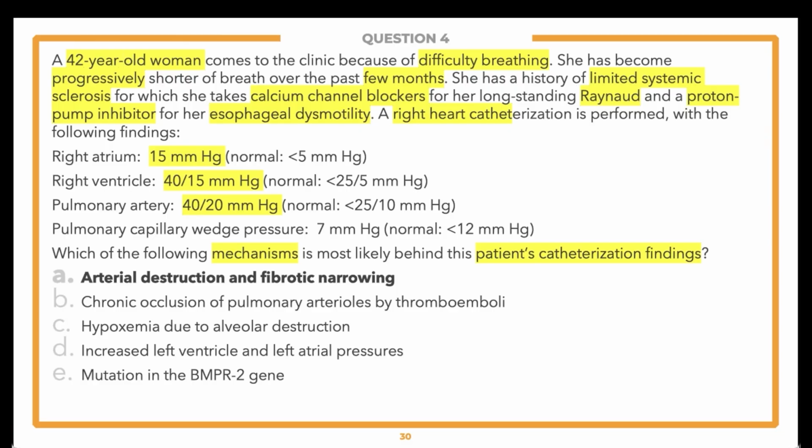Or, how would you adjust this question so that it would be increased left ventricle and left atrial pressures? So again, really kind of multiple, not infinite combinations, but all kinds of combinations that are available to you as you're going through QMAX or your question banks as you're studying.